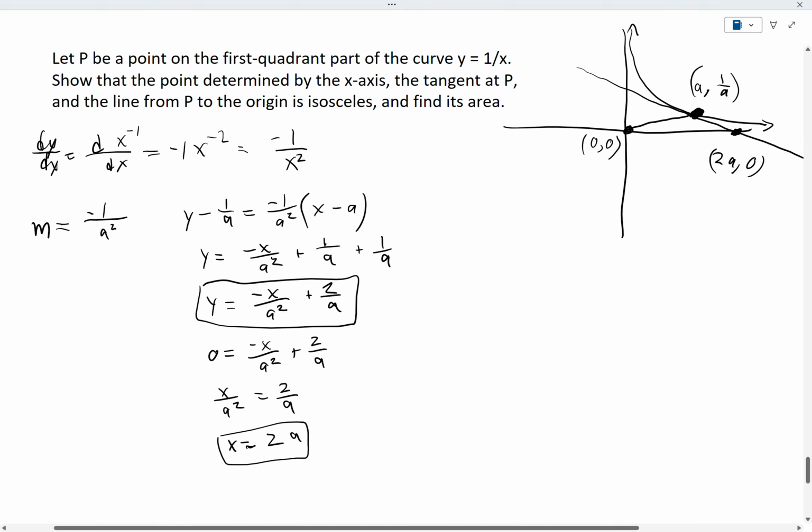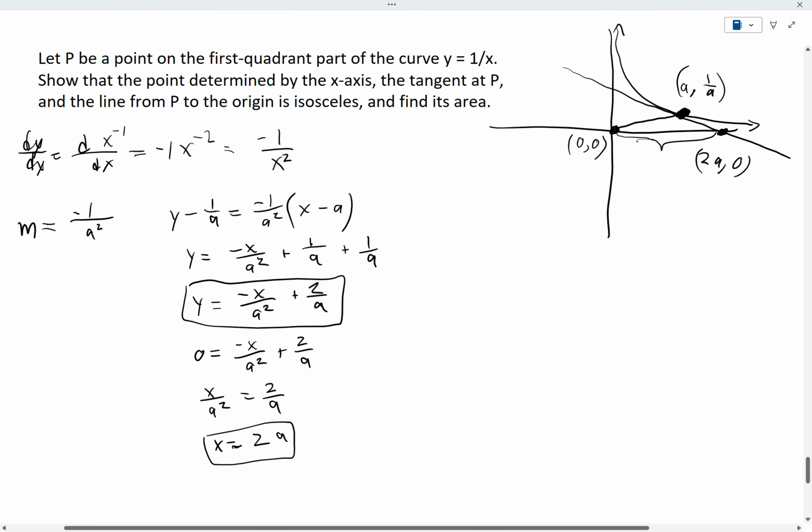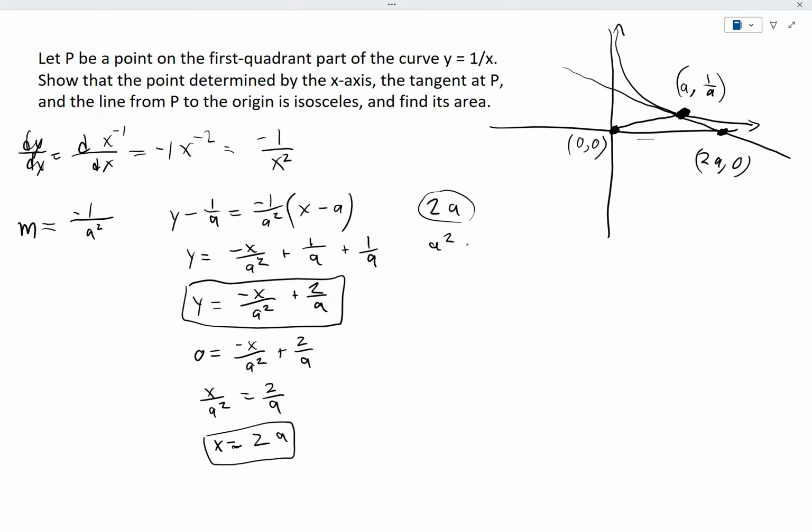So can I figure out any of the lengths of this triangle right here? Well, I know this one, this length right here, that's just going to be 2a. So there's one length of the triangle. What about the other ones? I can use the Pythagorean theorem right here to figure out this length. That's going to be the root of a squared plus 1 over a squared.